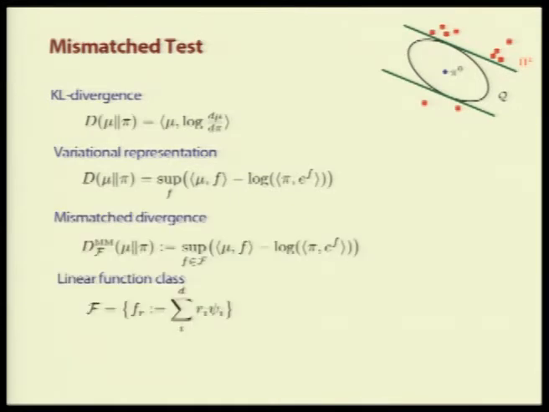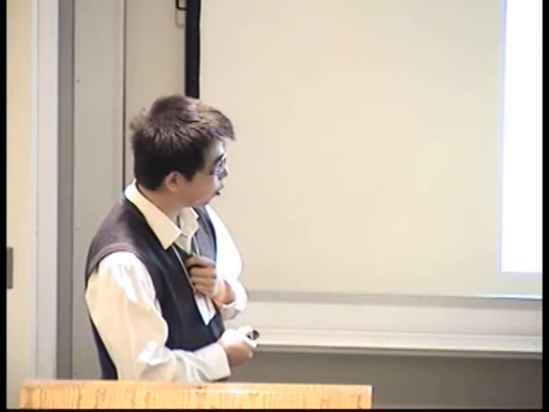And for mismatch divergence, what you do is you restrict this function to a small function class. Okay. In this picture, basically, I'm restricting myself to those two hyperplanes. You can think of each f as corresponding to a hyperplane in this space.